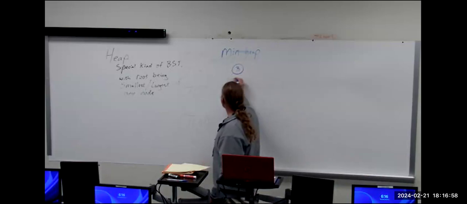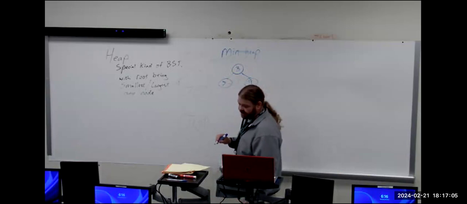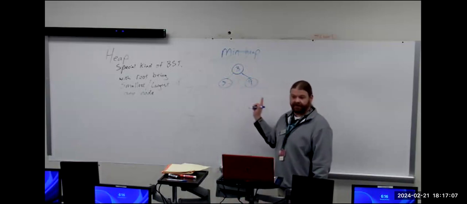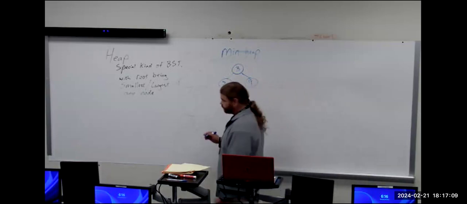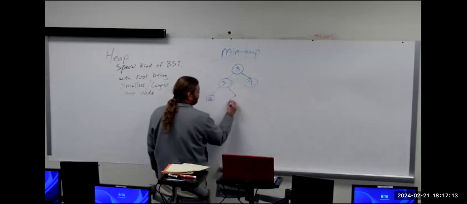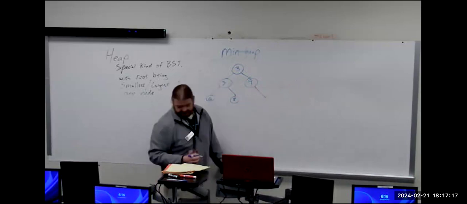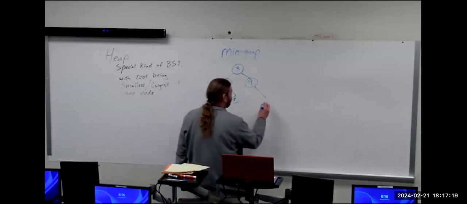And then off to the sides, we have a 7 and a 9. So it's still following that smaller to the left, bigger to the right thing. 6 and an 8. Let's put a 10 here. Yeah, just 10.